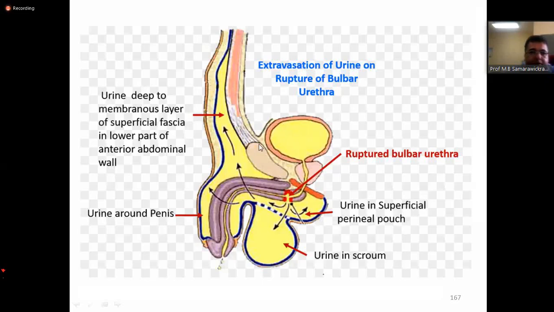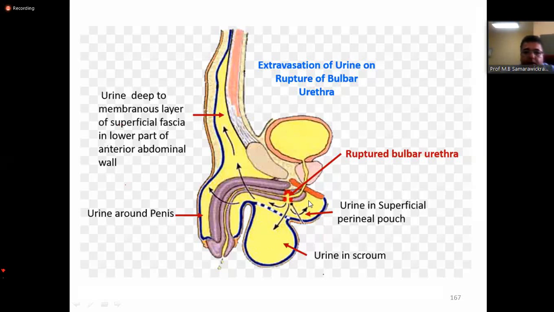So extravasation can go up to the umbilicus, and this diagram is a controversial part because some books say the urine can extravasate into the shaft of the penis, and some books say the root of the penis, right? Ideally it should be the root of the penis because the Buck fascia is attached to the root of the penis.